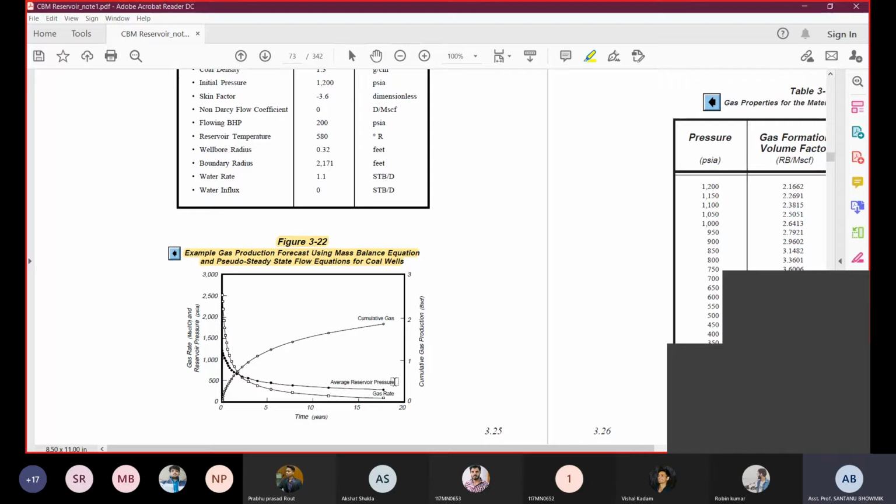So you can see how the reservoir pressure decrease rate and the gas production decrease rate vary. You may have some confusion, because I have always told that the gas production somewhat increases when you reduce the initial reservoir pressure. Here also you can see that the cumulative gas production is going to increase.